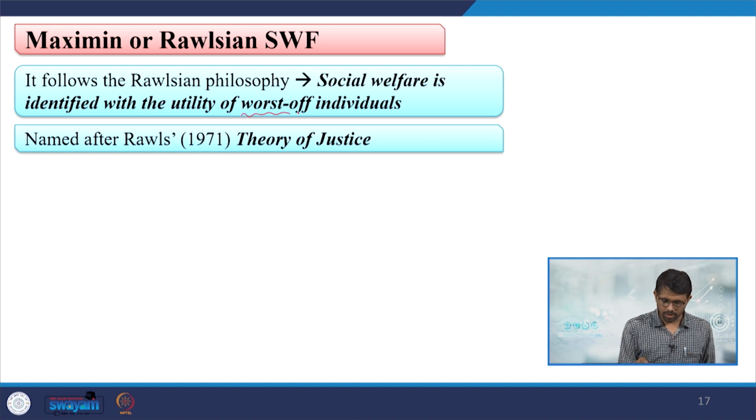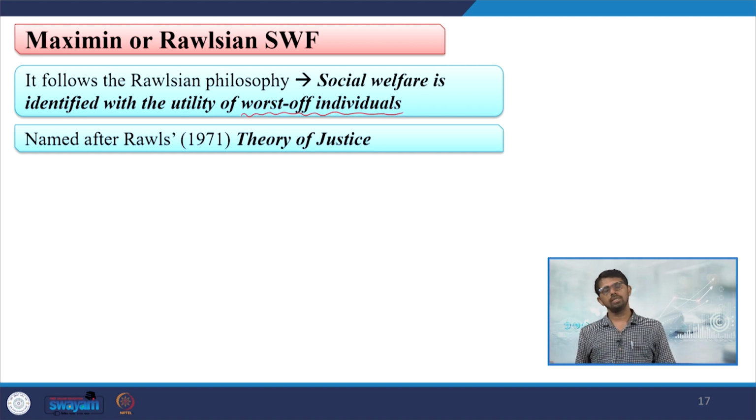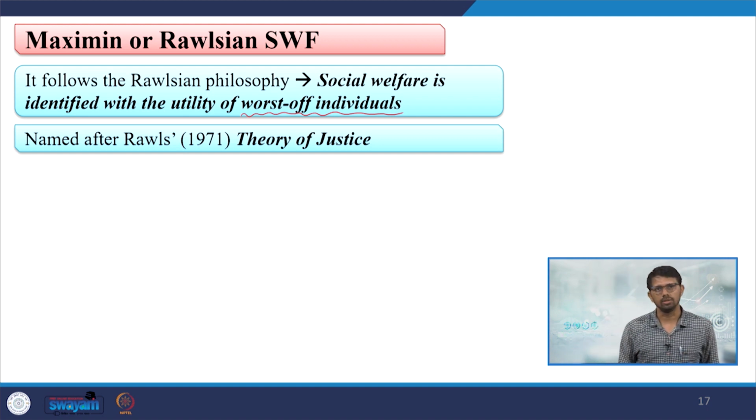So, if the worst-off individual in society is compensated very well, or is addressed equivalently to others, and receives a great degree of justice, then society on the aggregate is considered to be the best. Hence, the minimum level of welfare is suggested by Rawls as something that should be guaranteed.